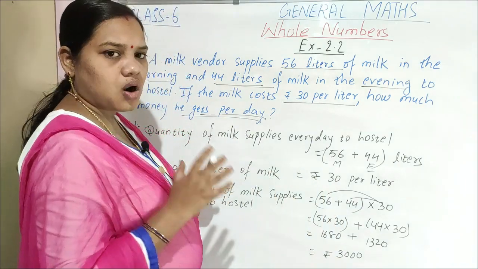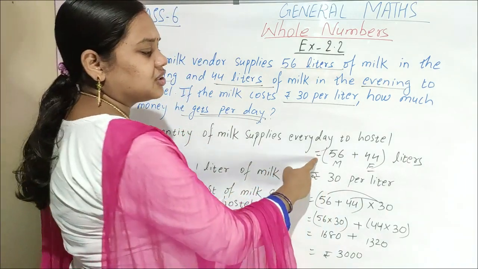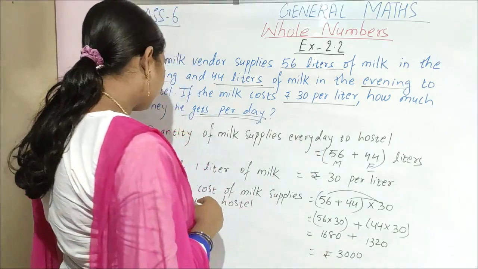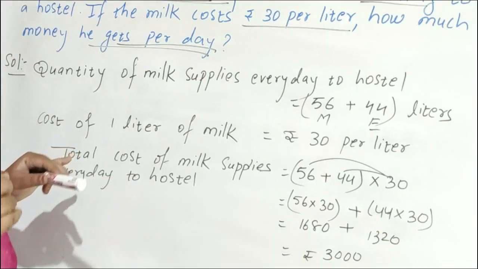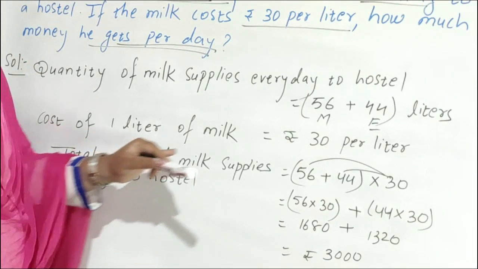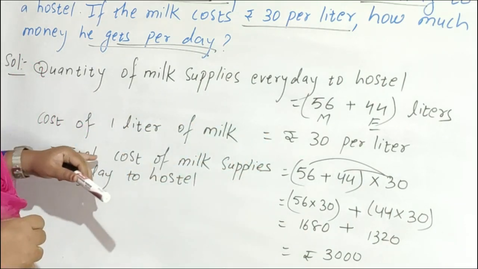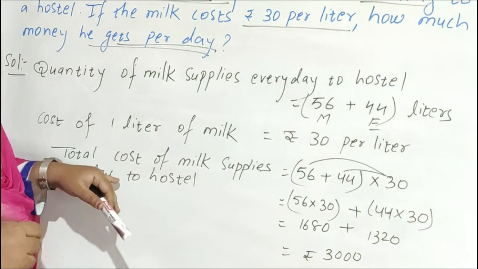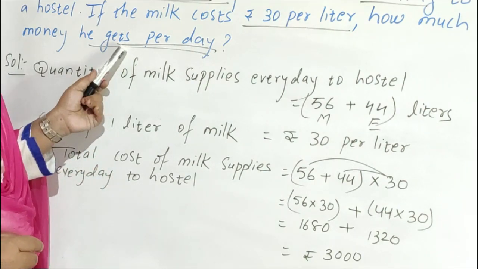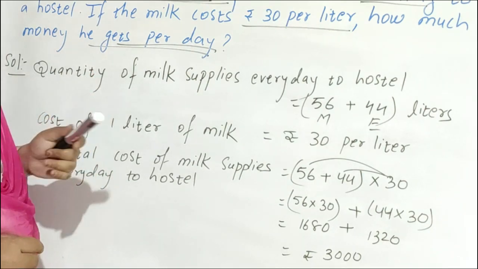Total quantity of milk supplies 56 plus 44 liters of milk. Now cost of 1 liter of milk: 30 rupees per liter. Next, total cost of milk supplies every day.